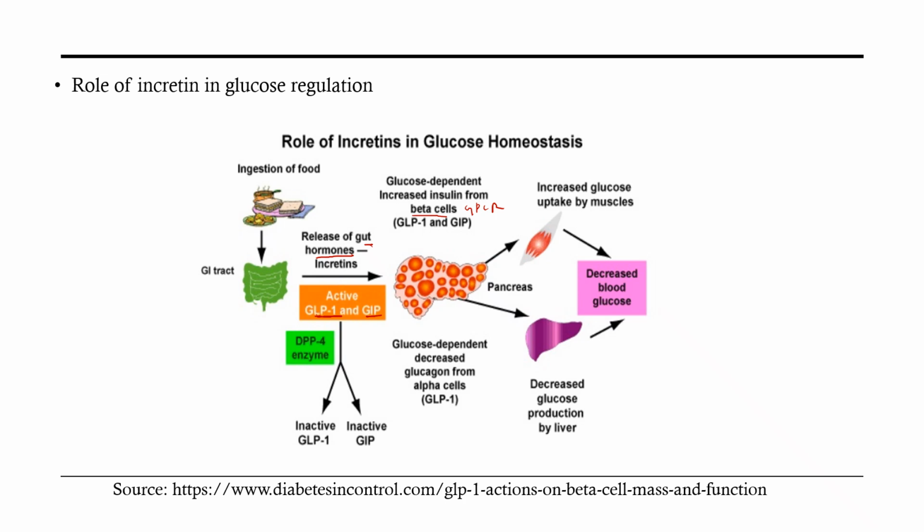Now, an elevation of this GLP-1 and GIP would lead to what we call the incretin effect. Now, this will lead to an increase in the insulin secretion and a decrease in the glucagon secretion.